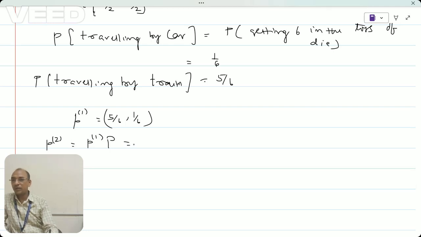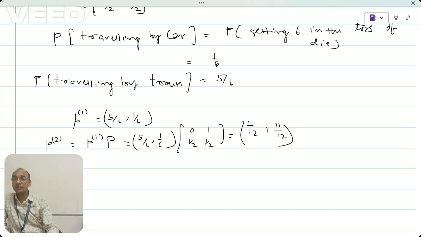So if I multiply P1, 5 by 6, 1 by 6, with the TPM, 0, 1, 1 by 2, 1 by 2, we will get 1 by 12 and 11 by 12.